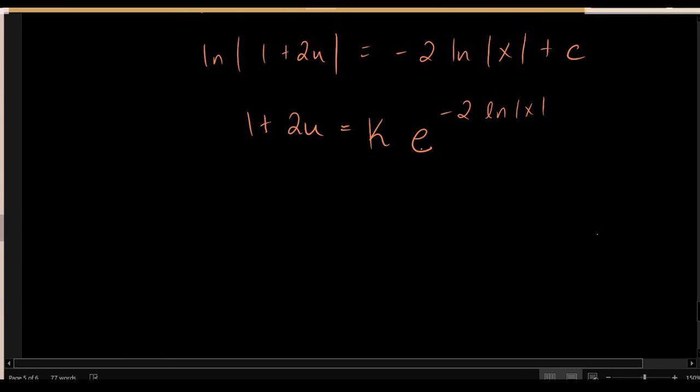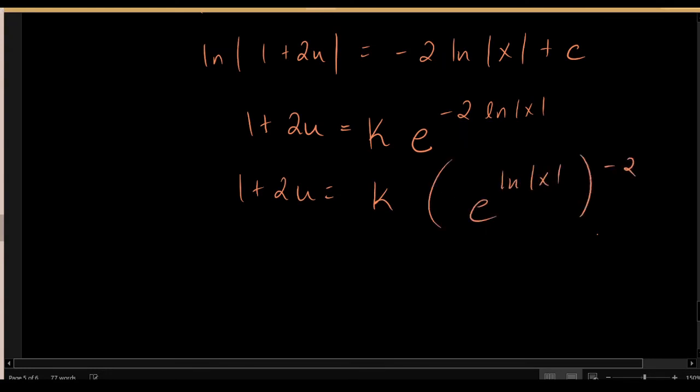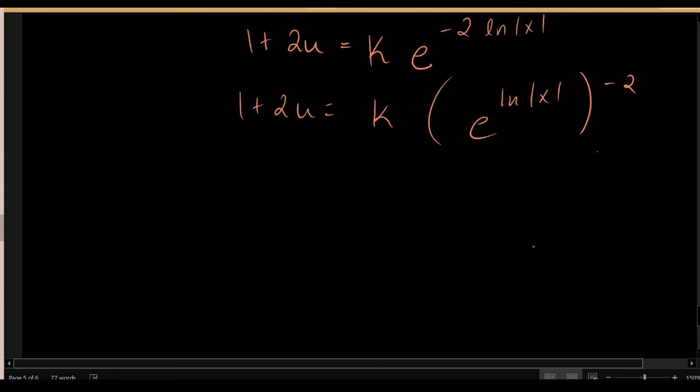We can also simplify this exponential term. We can rewrite this as e to the natural log absolute value of x to the power minus 2, which can be rewritten as k divided by x squared. I've gone ahead and dropped the absolute value on x because once you square something, it becomes positive anyway, so the absolute value and the square are a little redundant.